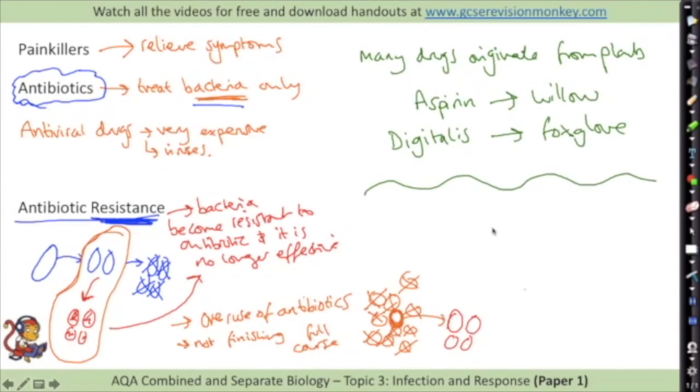Other microorganisms have been developed into drugs as well. For example, Alexander Fleming found that mould had a property in it that killed bacteria. And from that he extracted penicillin, and that went on to develop the penicillin drugs, which were then used to kill bacterial infections.